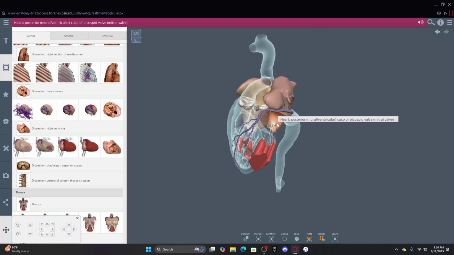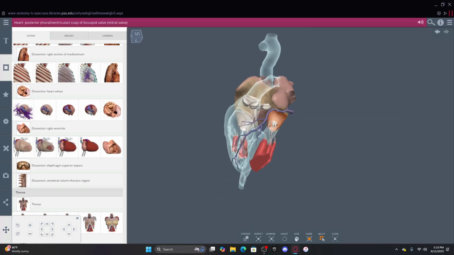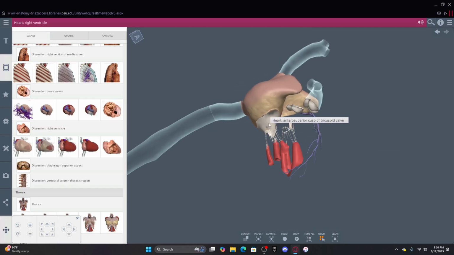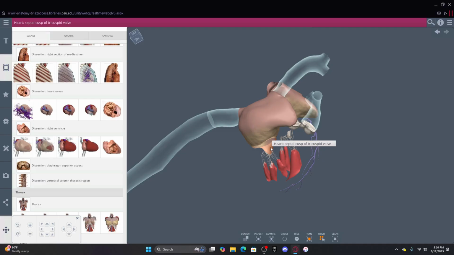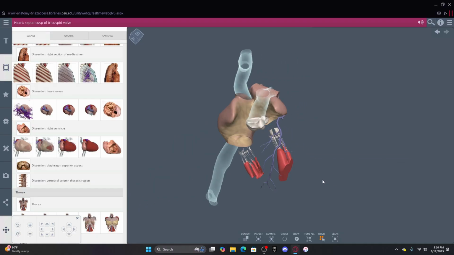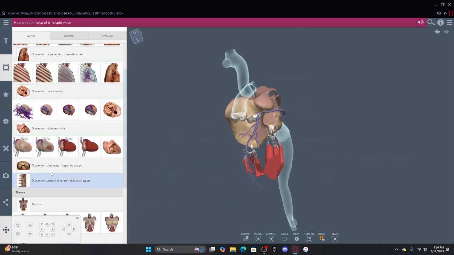So only two valves. And when I do this, 1, 2, 3, it makes sense why one is called tricuspid and why one is called bicuspid, because the tricuspid has three cusps and the bicuspid only has two.